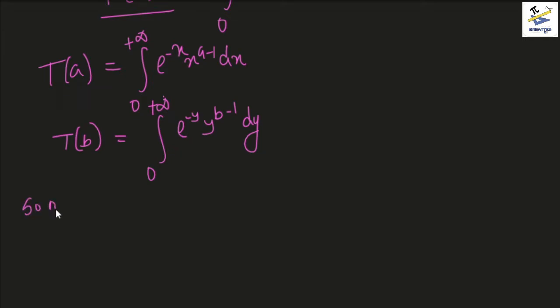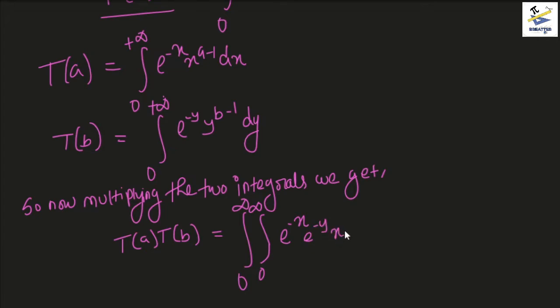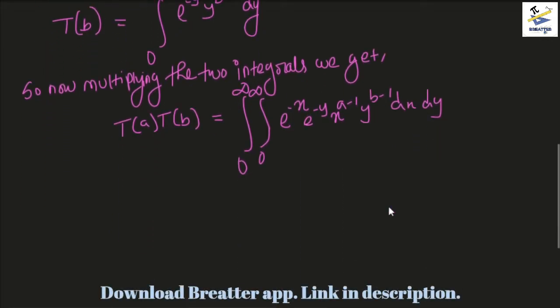So e to the power minus x, e to the power minus y, x to the power a minus 1, y to the power b minus 1, and we can write dx dy. Well, this would be our representation, right?